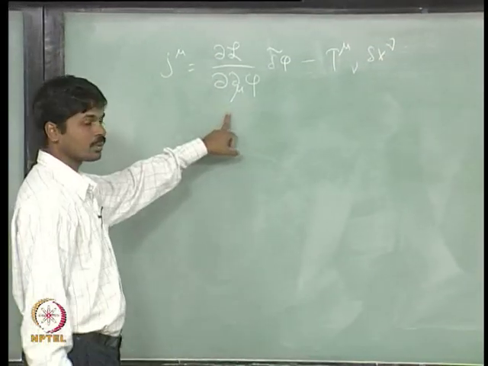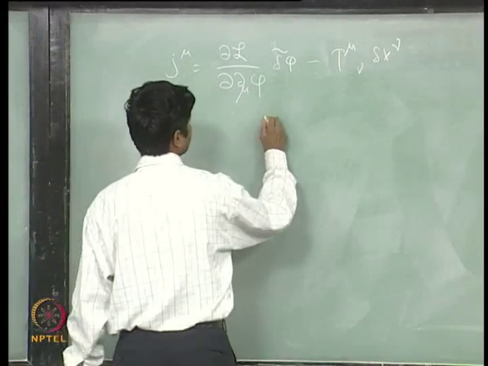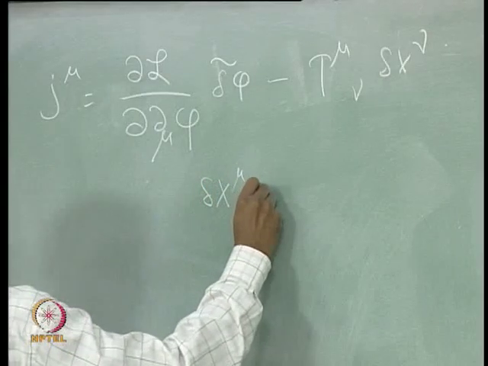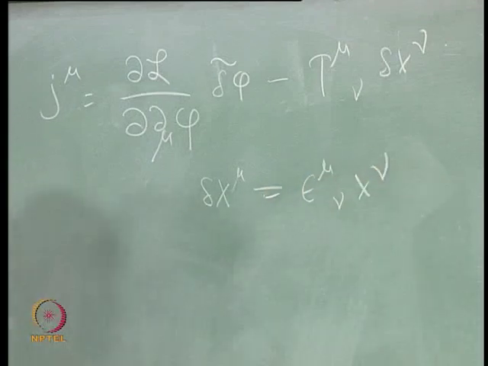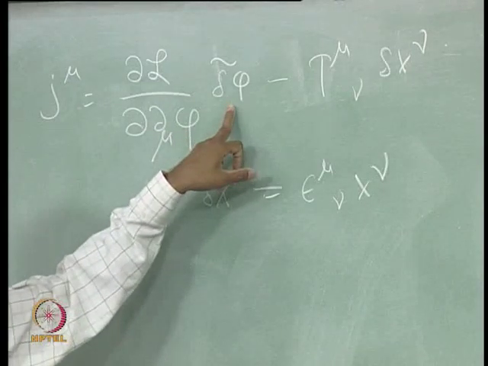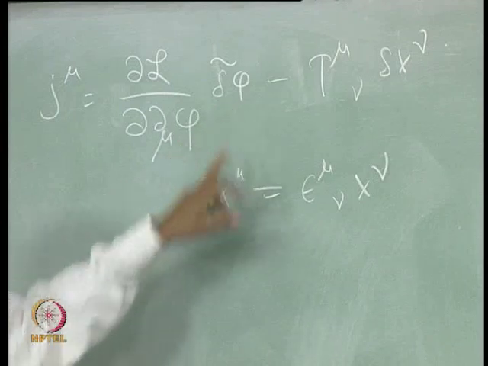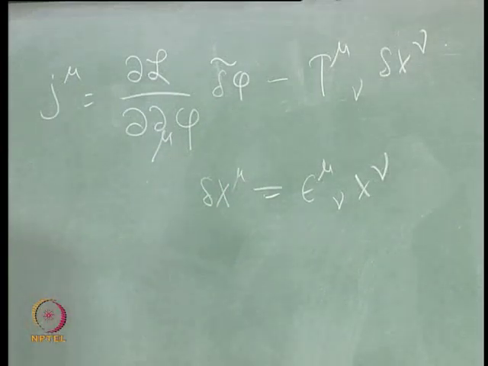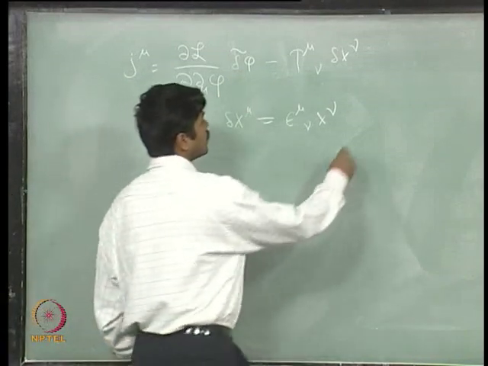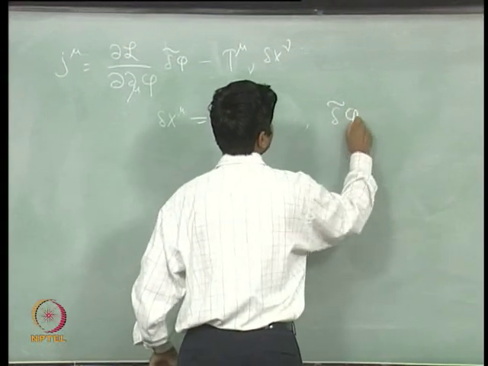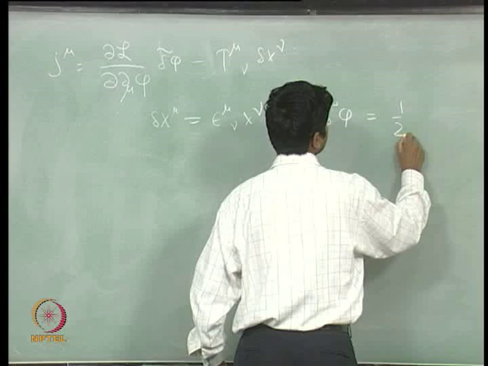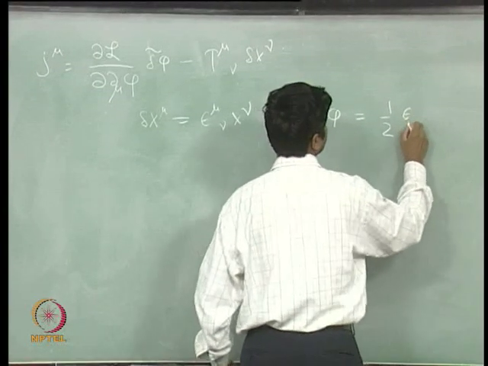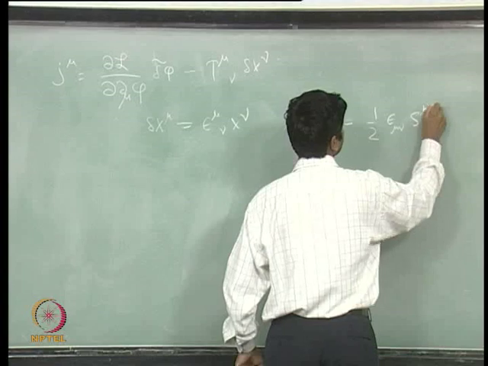When we make a Lorentz transformation, δx^μ basically becomes ε^μ_ν x^ν. And the fields usually transform non-trivially under Lorentz transformation, depending on what kind of field we are considering. So, the field transformation δ̃φ, I will write as ½ ε_μν S^μν φ.